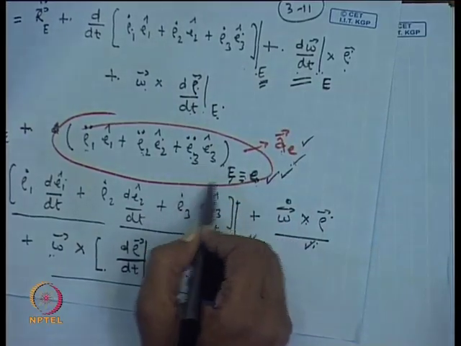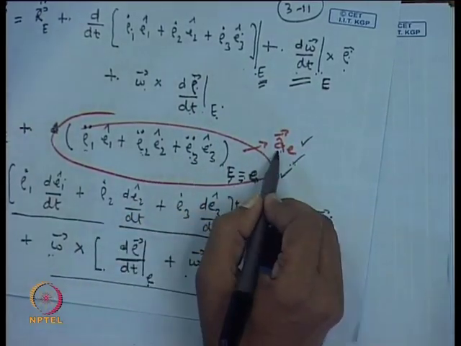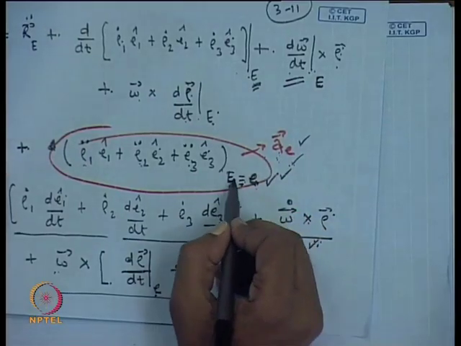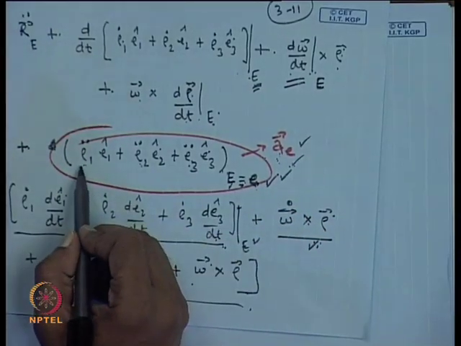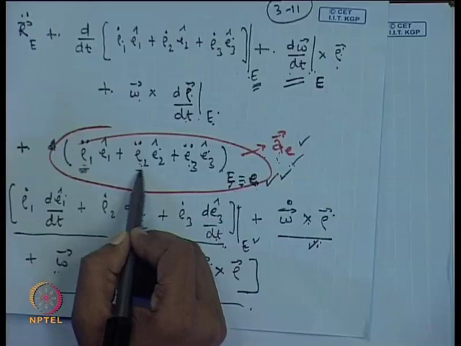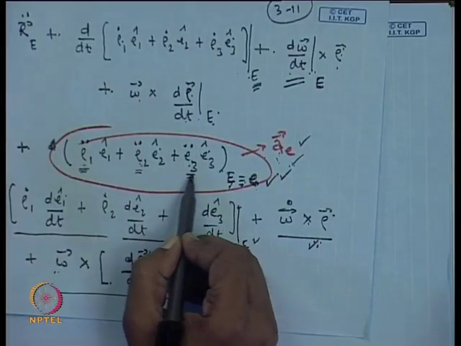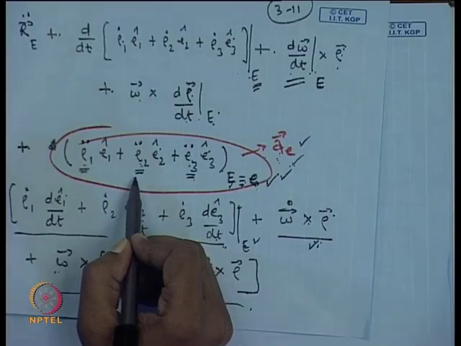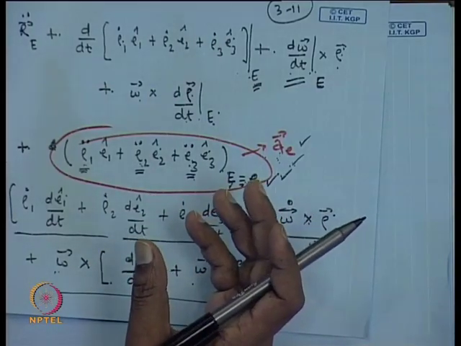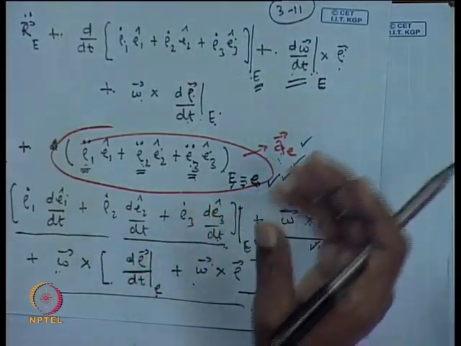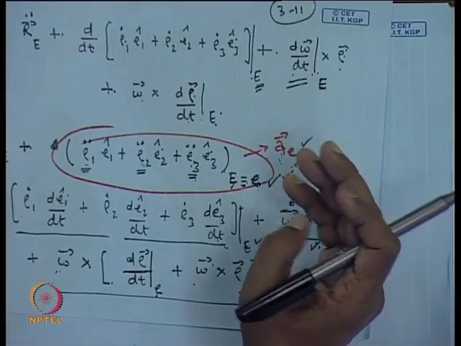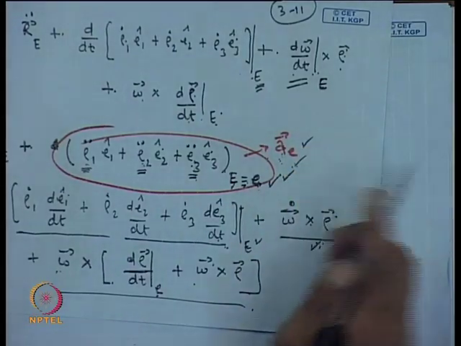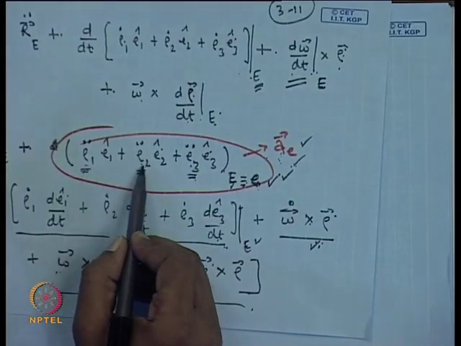This term is basically the acceleration with respect to the body reference frame, because as we have discussed, the time derivative of a scalar does not depend on the reference frame, like the temperature in a rotating reference frame. Its time derivative will be the same from a non rotating reference frame also. So the time derivative does not get affected.